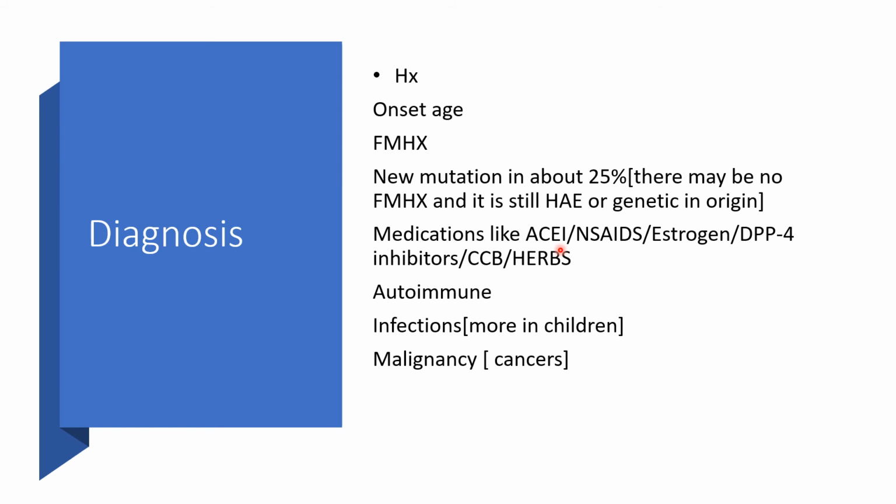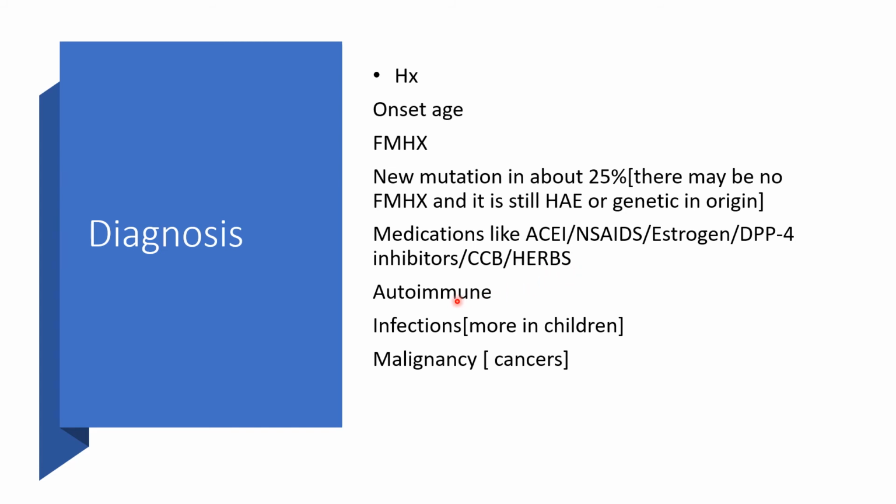And then captopril, enalapril, and so on if there's hypertension, any non-steroidal anti-inflammatory drugs, any estrogen, particularly in type 3 hereditary angioedema, DPP4 inhibitors, calcium channel blockers, herbs, and so on. So the history will cover that.